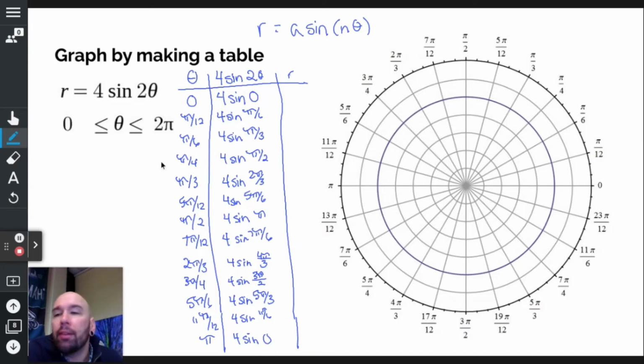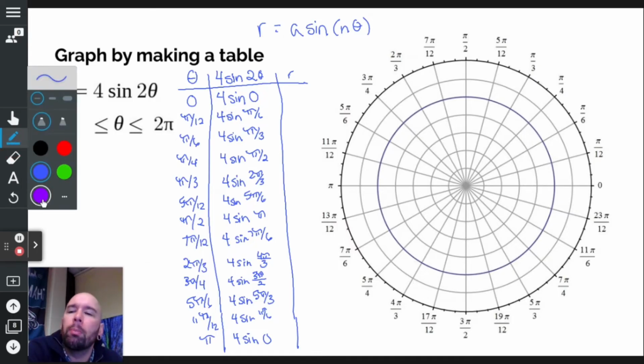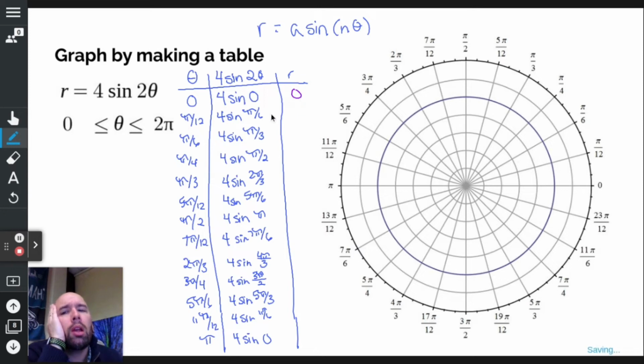Time to do some math. Sine 0 is 0. So 4 sine 0 is 0. Sine of pi over 6 is a half. So 4 sine of a half is 2.